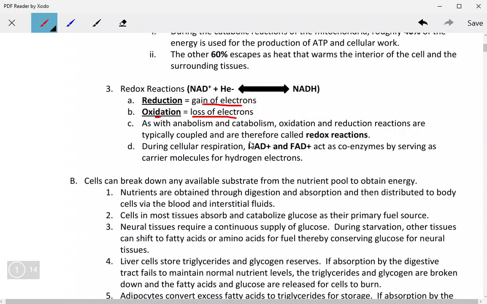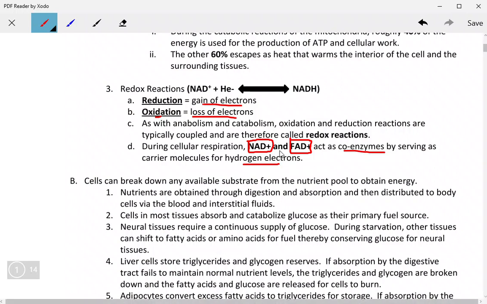When we look at these molecules called NAD plus and FAD plus, what are they? They are coenzymes. They are coenzymes that are important for transporting hydrogen electrons in the cellular respiration process. So this is going to be important in cellular respiration where we generate ATP for the cell.